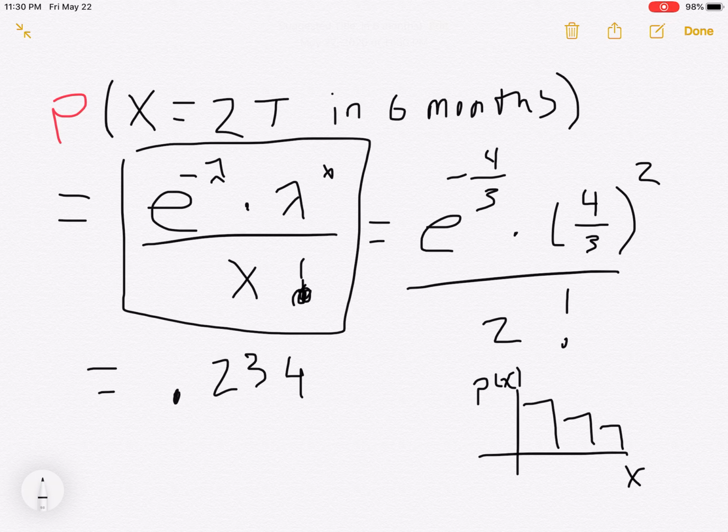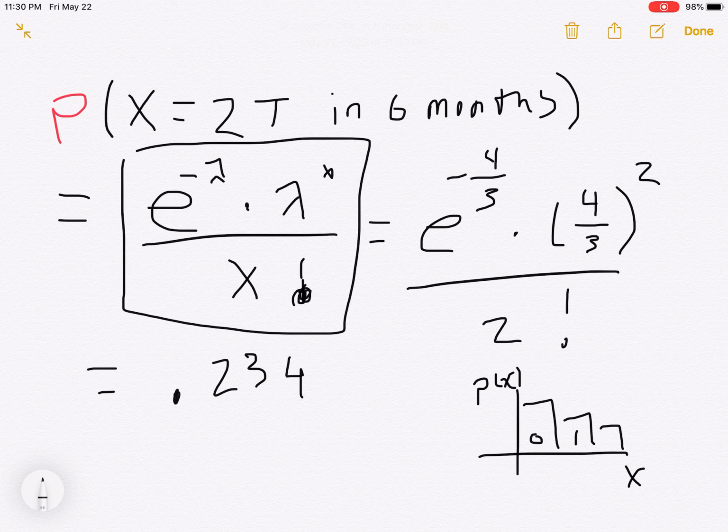Okay, and I think it's highly likely that we have very few tornadoes, 0 or 1. Then the probability that you have lots of tornadoes is very, very small. So that's the Poisson distribution.